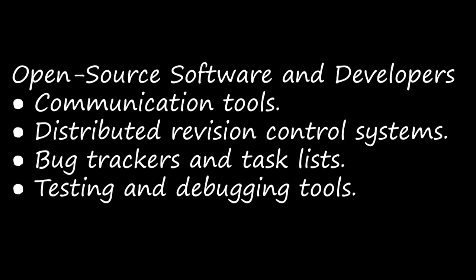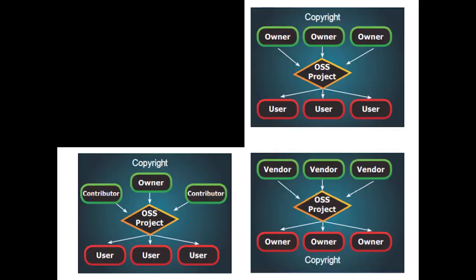First communication tools, then distributed revision control systems, then bug trackers and task lists, and at last testing and debugging tools. Right? Here they have given some images or block representation of how this open source will work. You just refer to it on page number 195 in your book, right?